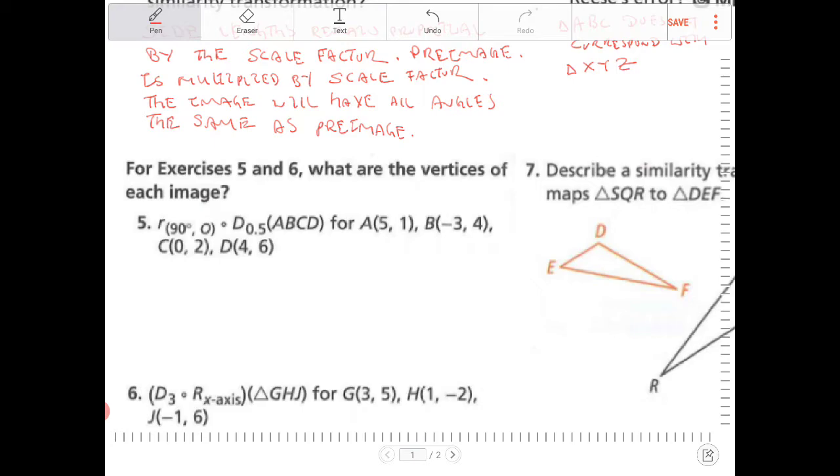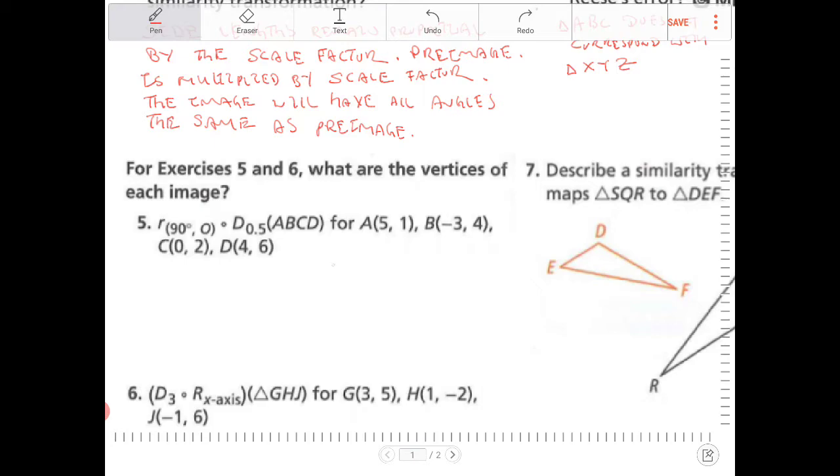If we're dilating something and the point of dilation is not specified, then it is by default over the origin. Same thing goes for a rotation. Here in this case, though, they went the extra step and are telling you the point of rotation: it's over the origin.